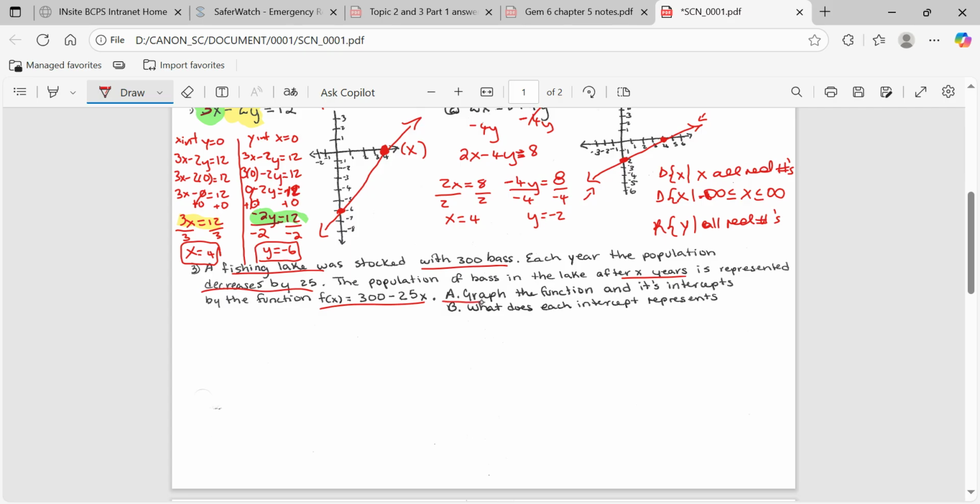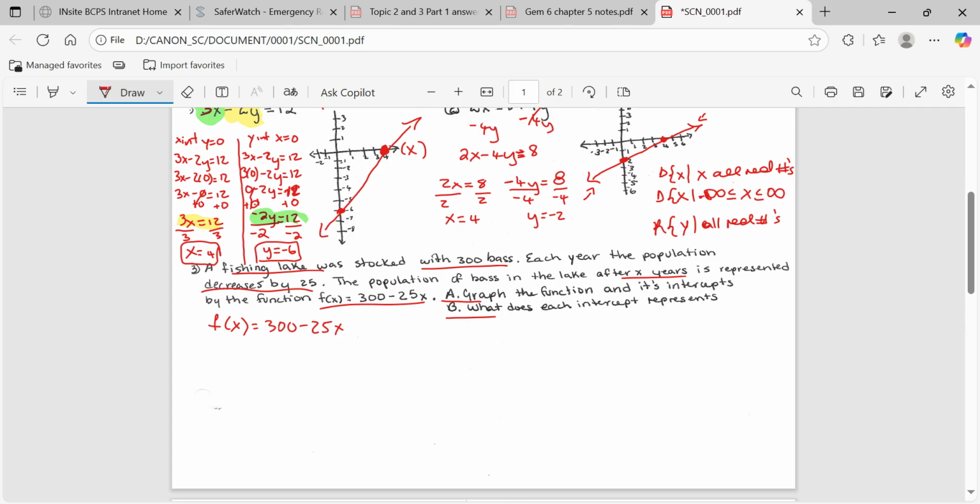They want you to graph the function and its intercepts, and to know what each intercept represents. So for me, I'm going to write out the equation first of all. f of x is equal to 300 minus 25x. It looks to me very close to slope-intercept form.